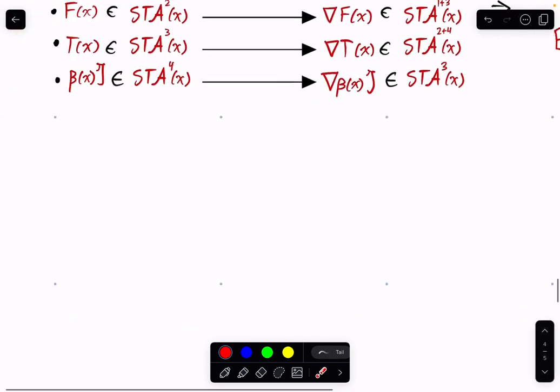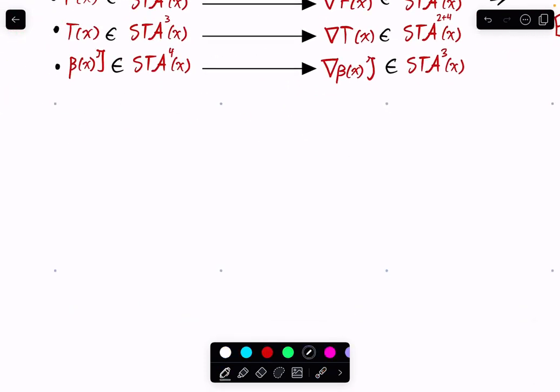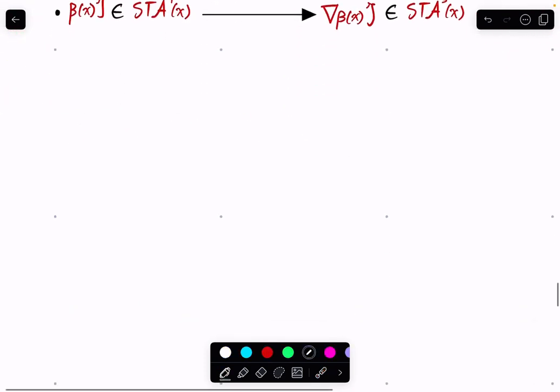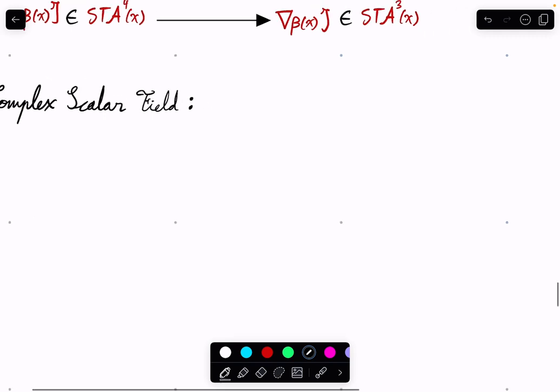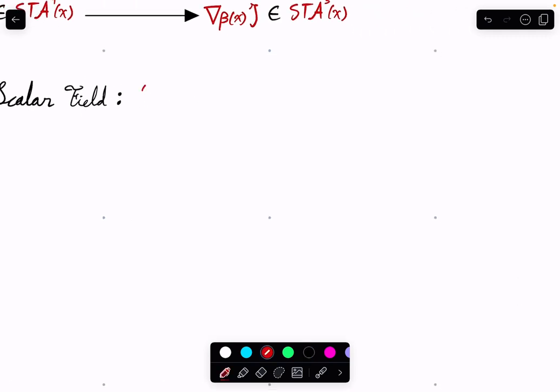But it gets even more interesting. Let's consider the complex structure. So let's say we have a complex scalar field. That complex scalar field is going to be lambda of x, and it'll be in the 0 plus 4 subspace.